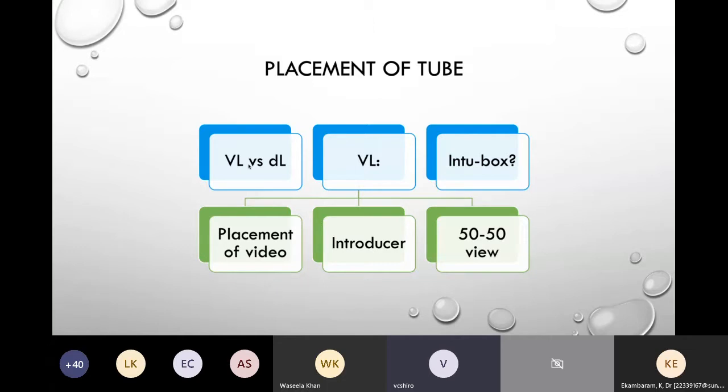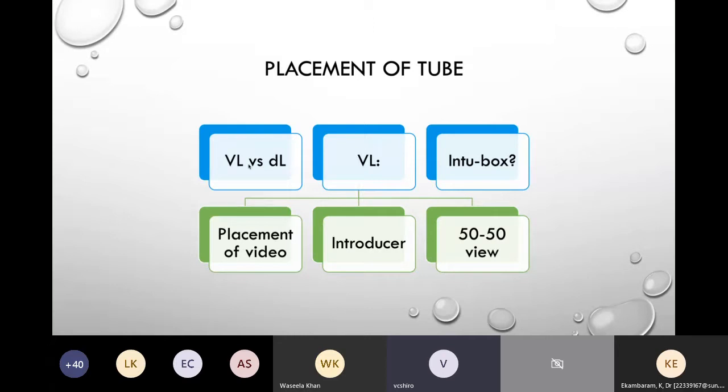The other thing that can help you succeed in first pass success intubation is this 50-50 view. And what I mean by this is that once you get the view of the cords, you've got a beautiful view, you can see everything. It often happens that when you try to pass the tube, you just cannot get the tube in.